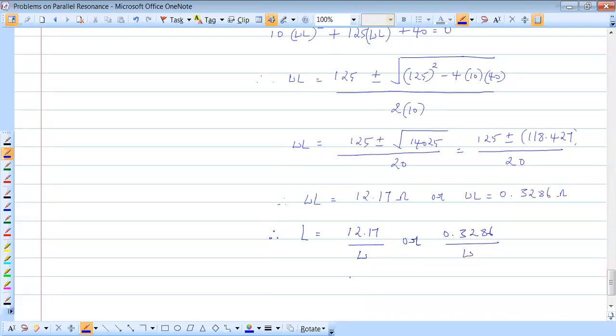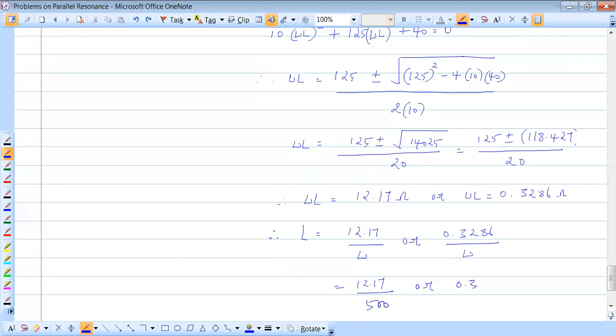Omega is 2 pi f. Sorry, it's not f. Omega itself is given there, so it would be easier. Omega is given to be 500 radians per second.